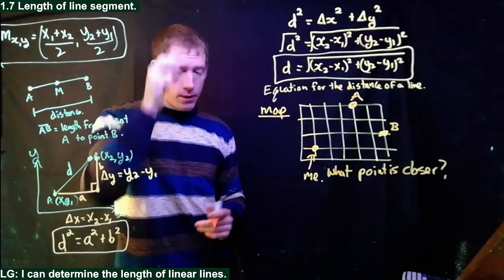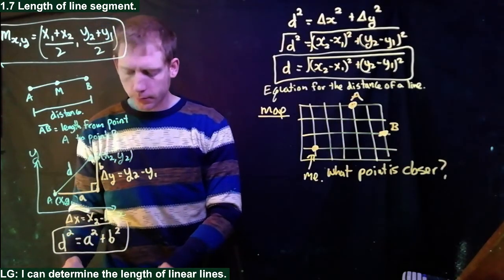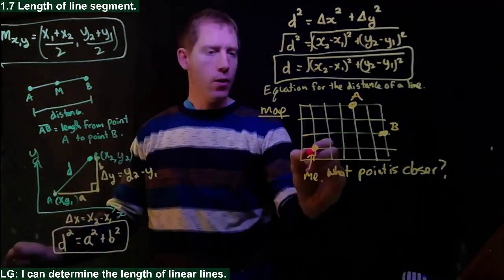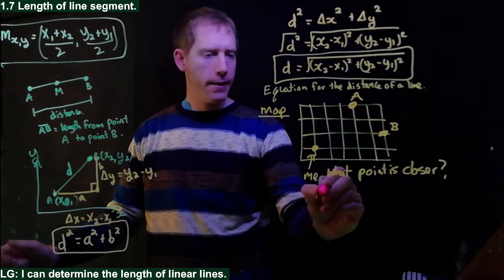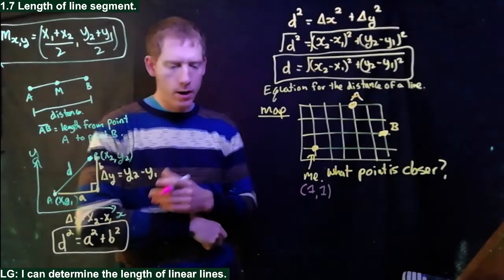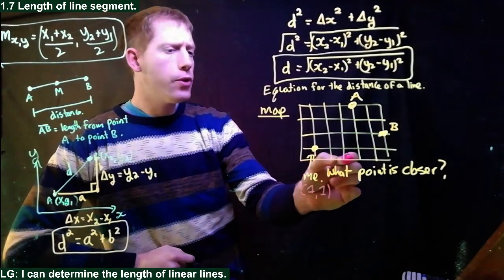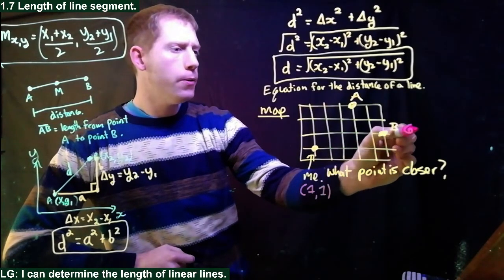So if I want to find the point that is closer, you can find that by using this equation. I'm located at 1, 1, okay? B is located at 6, 2.